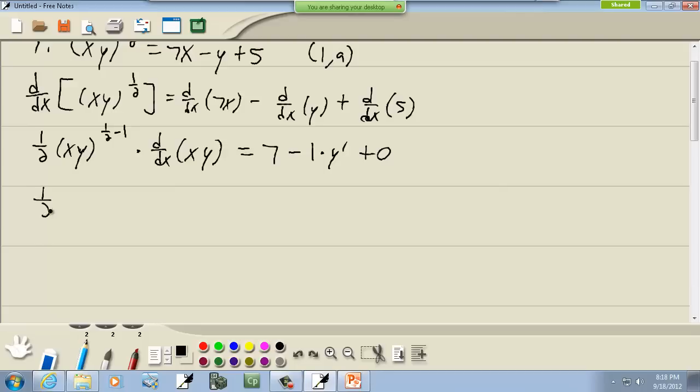So this gives us 1/2, and then xy, with 1/2 minus 1 giving us negative 1/2, times, and I didn't leave enough room. Let me erase that. This would be P, and this would be Q. P prime would be 1, Q prime would be 1, but then we have to add on a y prime.